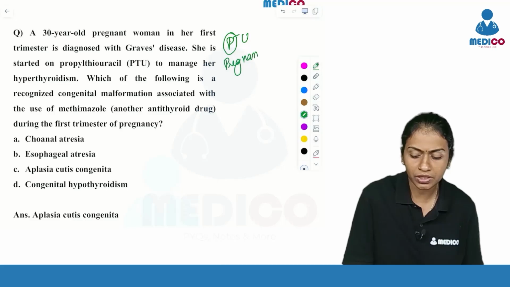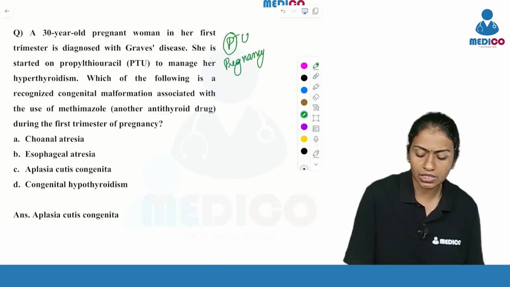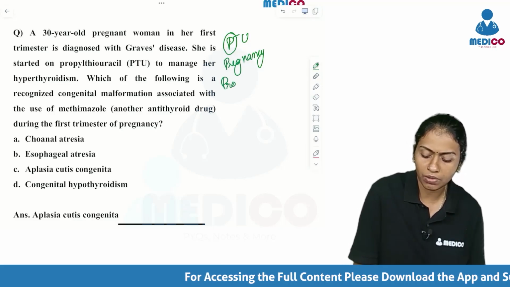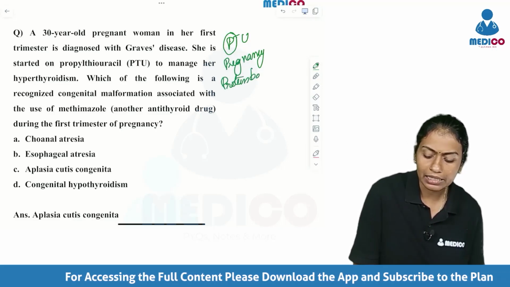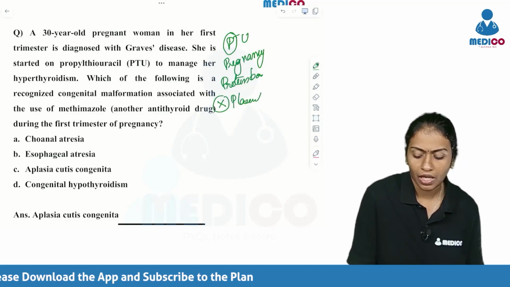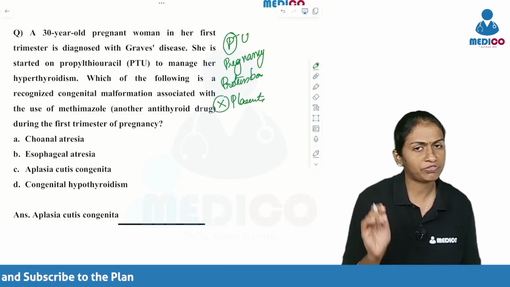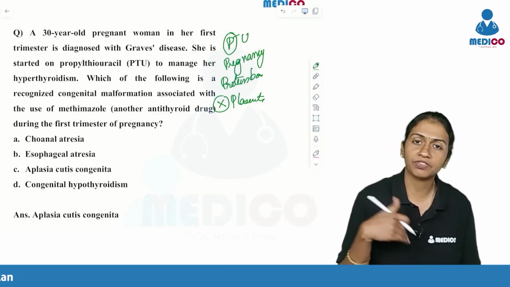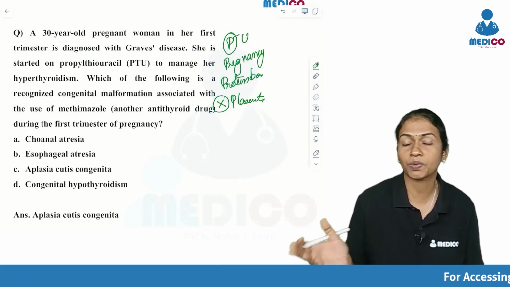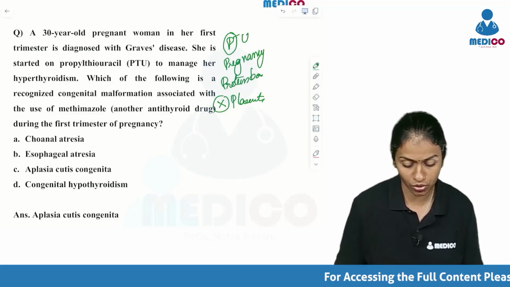Why it is preferred in pregnancy? Because it is highly protein bound and does not cross the placenta. Okay. So first trimester you prefer giving propylthiouracil, but after that we change back to methimazole because propylthiouracil can cause hepatotoxicity.